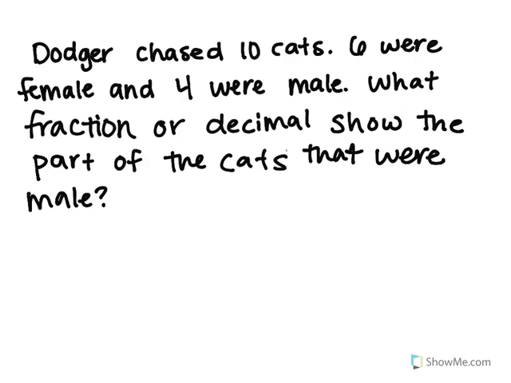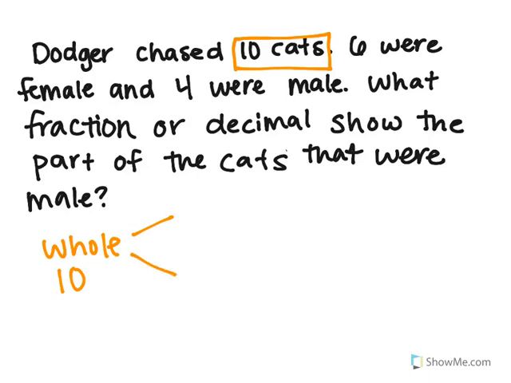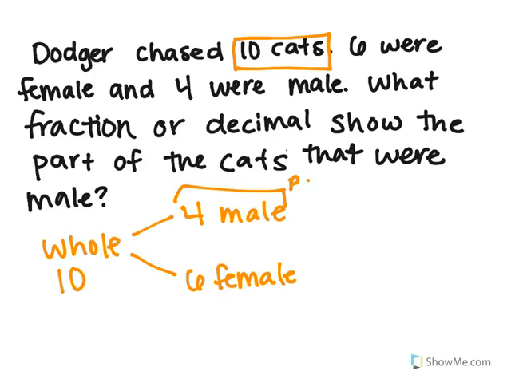So I know there were a total of 10 cats. This is my whole. There were 10 whole cats. Then 4 were male and 6 were female. These right here are my parts that together create the whole.